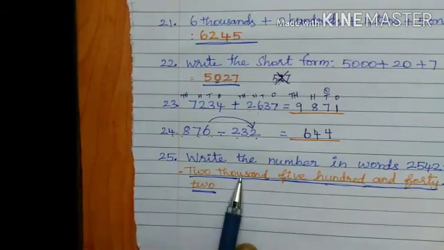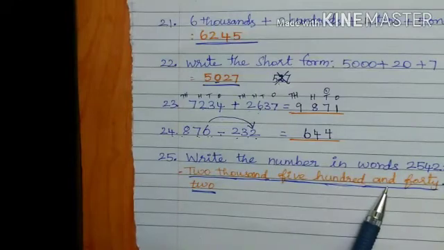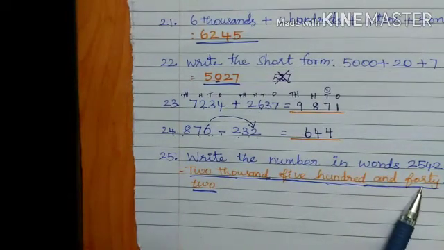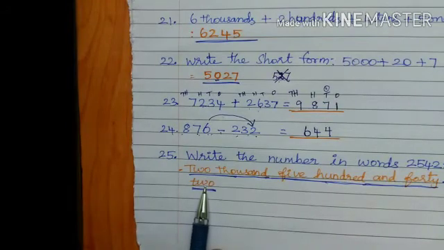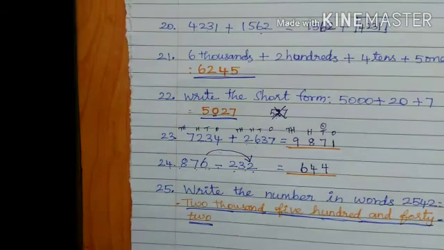So 2540, FORTY, 42, TWO. Okay children, do you understand this one? So learn numbers thoroughly. You understand now? Okay children, this video helps you to write the assessment test.